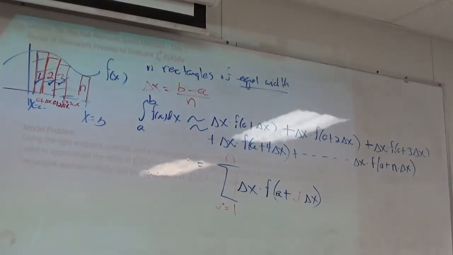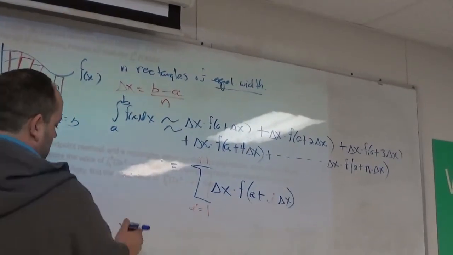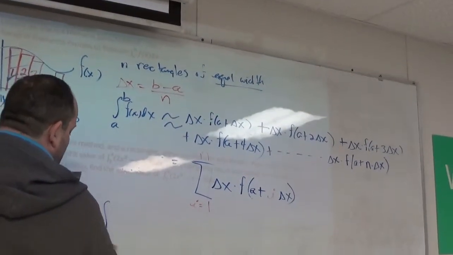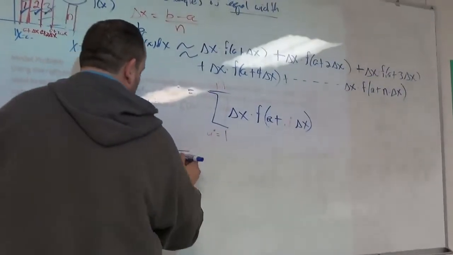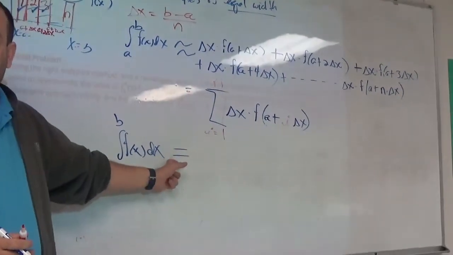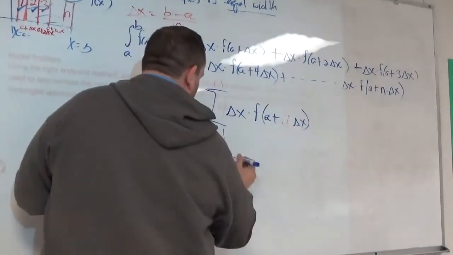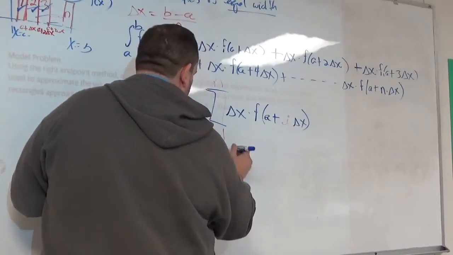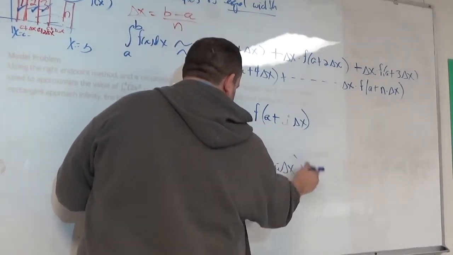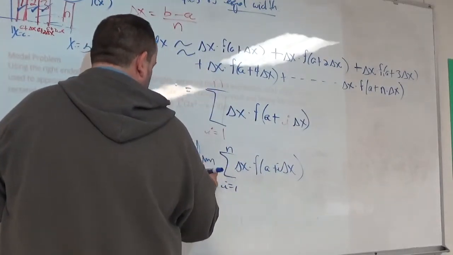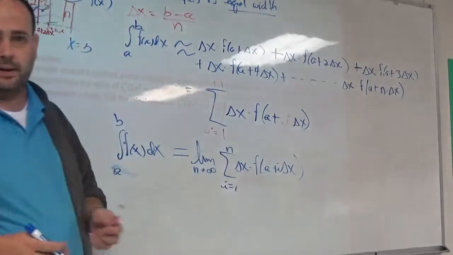Marilyn? Right. If you want an exact answer, you say, let's do a sum from i equals 1 to n of delta x times f of a plus i delta x. And you take the limit as n approaches infinity.